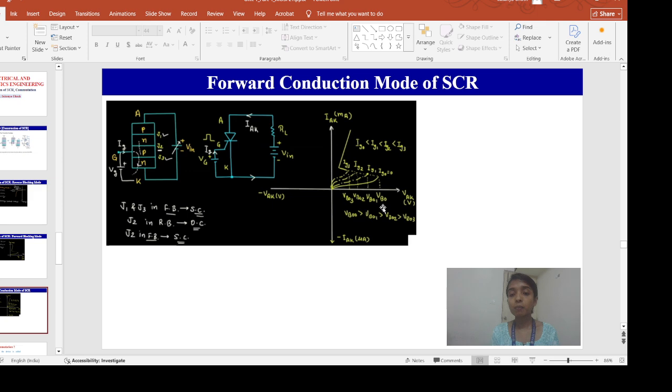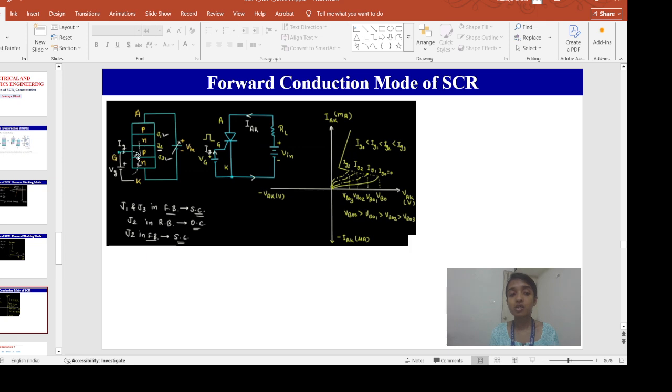So once you apply this VBO, what happens? This depletion region at the J2 junction vanishes, and we get a huge amount of anode to cathode current. Okay, you can see there is a drastic change in the anode to cathode current, and this happens when we haven't applied any gate pulse.